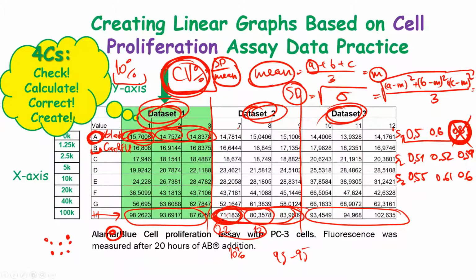So you should do that. I mean, the calculations, you should show them in your lab books. I want to see the calculation of standard deviations. I want to see the corrected RFU for every data set here. And I want to see 3 different graphs in your lab book, okay?